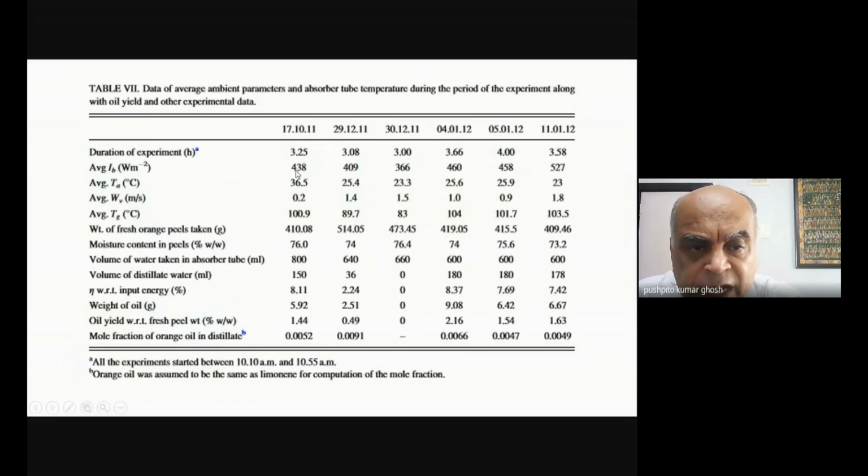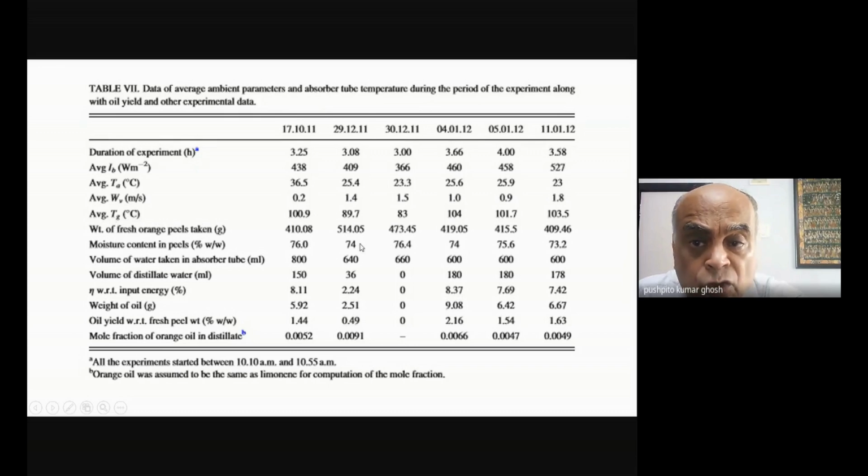But if you really want to optimize the system, you need to know many of the parameters, like what is your average insolation, what is your ambient temperature, what is the wind velocity, right?